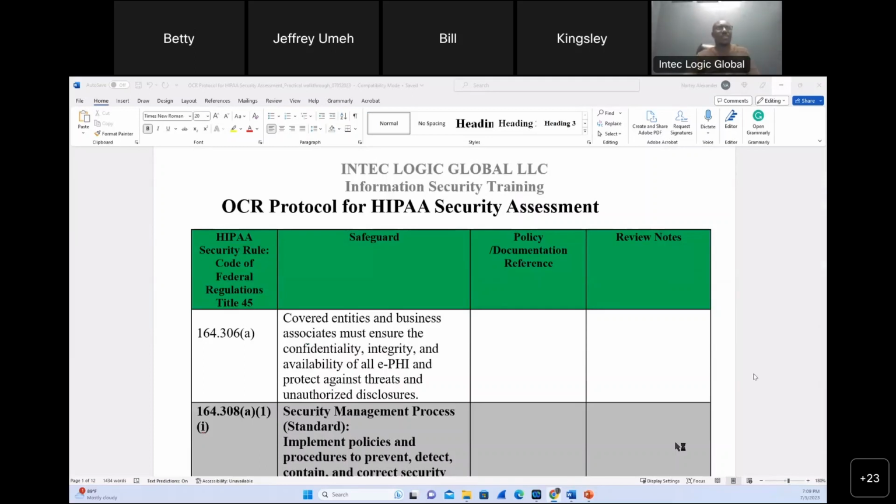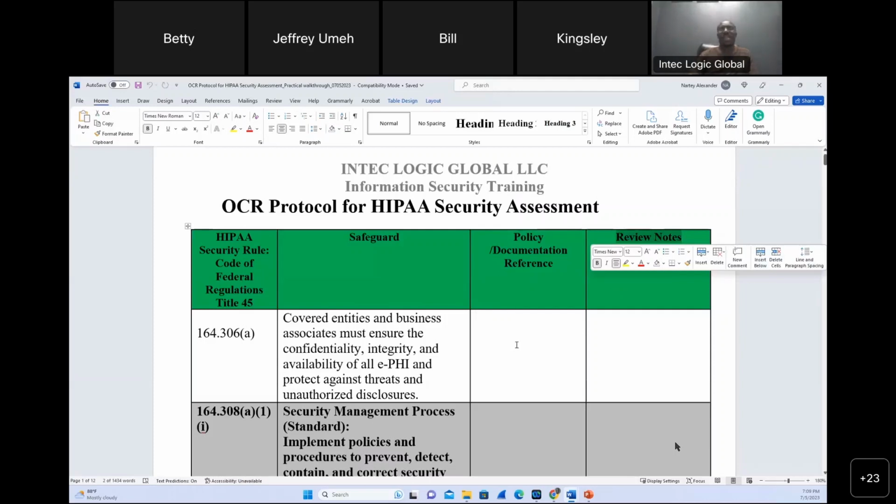So first, we need to request documents, right? Then also, when we get a document, we need to review the document. And there are some key things that we want to see within that document that will let us know that they are in compliance with HIPAA security requirements, right? So that is what we're going to look at today.